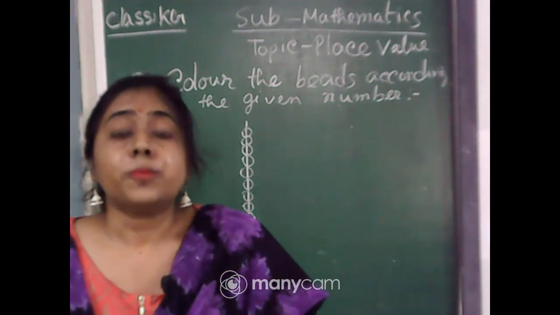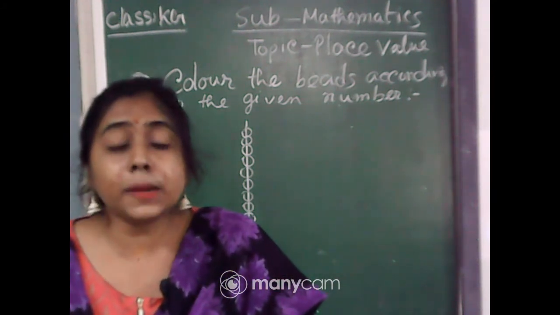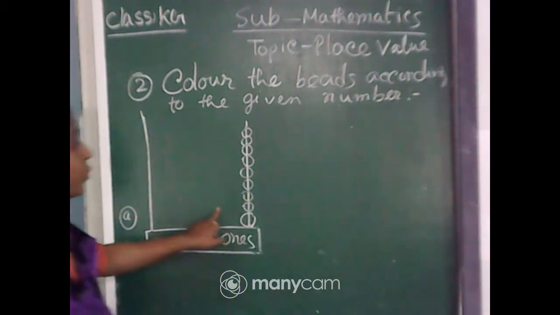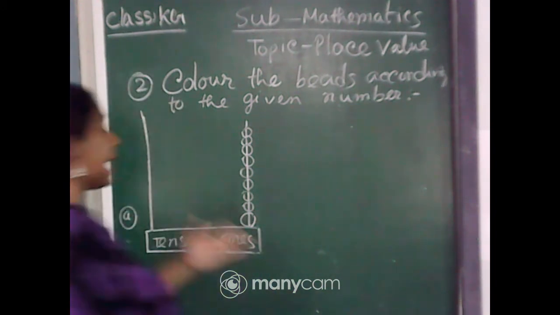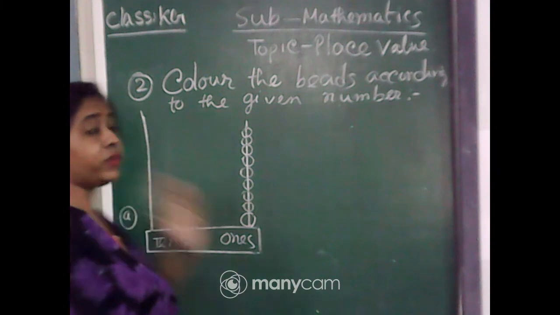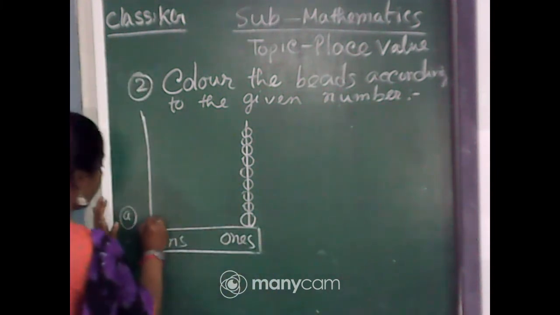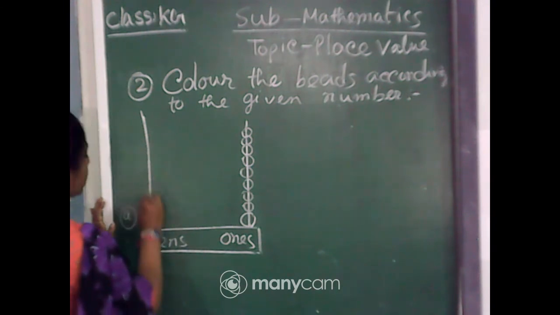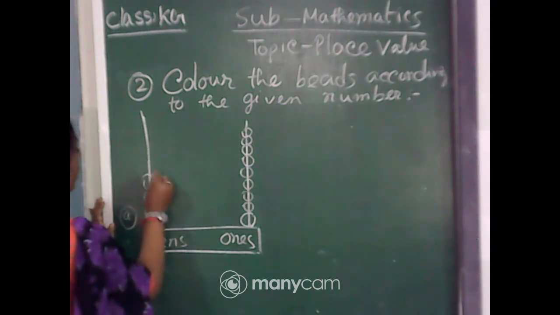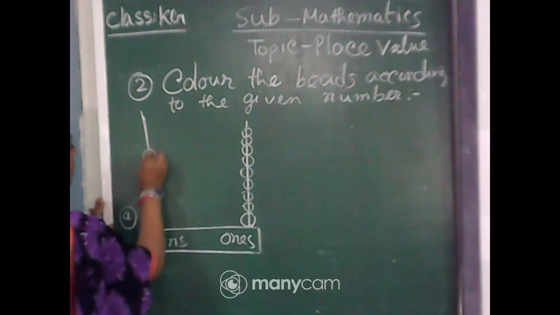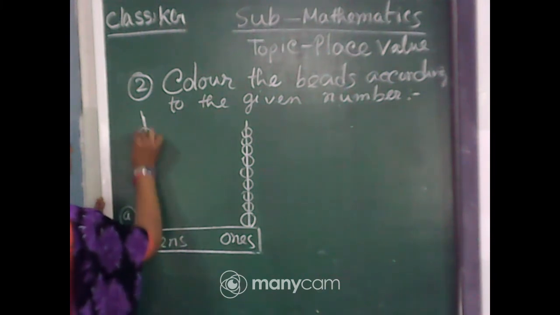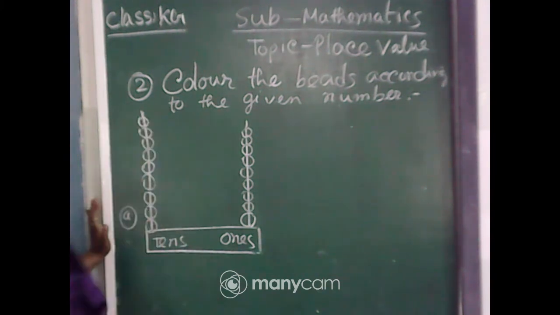Listen properly, only 9 beads you will draw in the ones column, and in the tens column also you will draw 9 beads. 1, 2, 3, 4, 5, 6, 7, 8, 9.